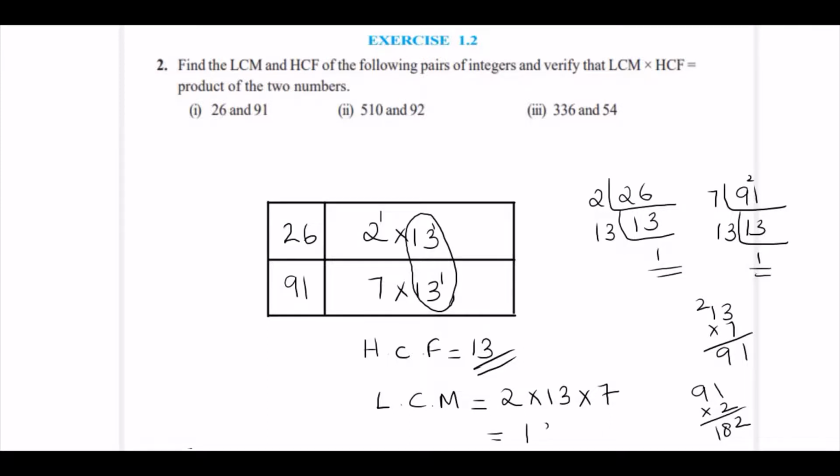So the LCM is 182. Now you are asked to verify that LCM into HCF is equal to the product of the two numbers. So let's do the product of the two numbers.